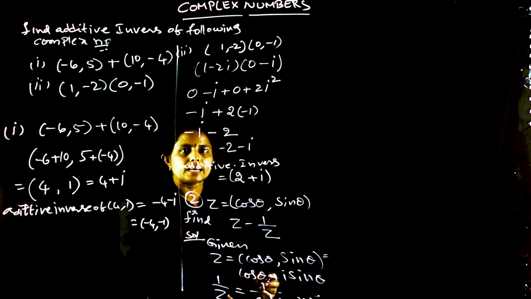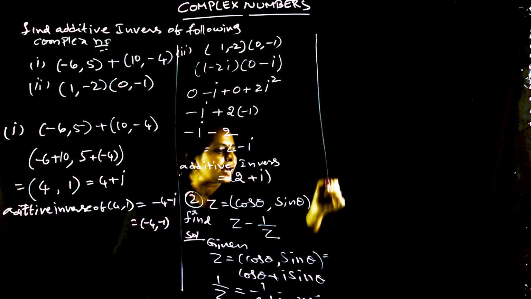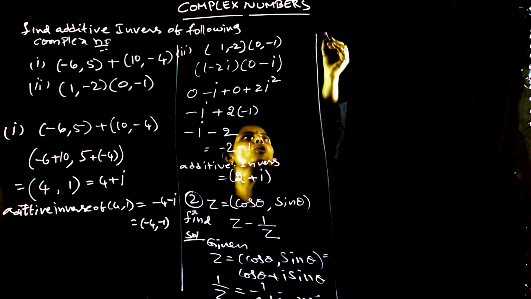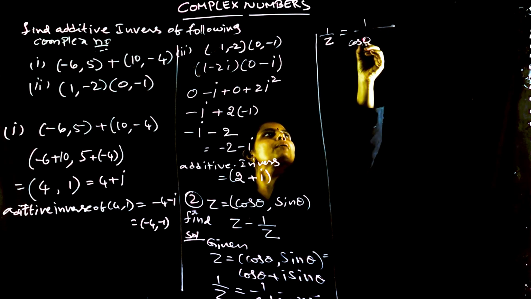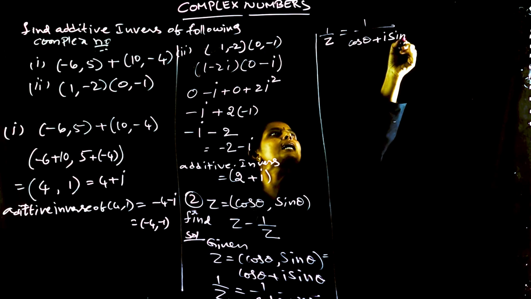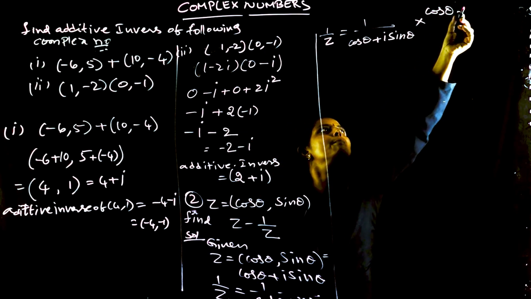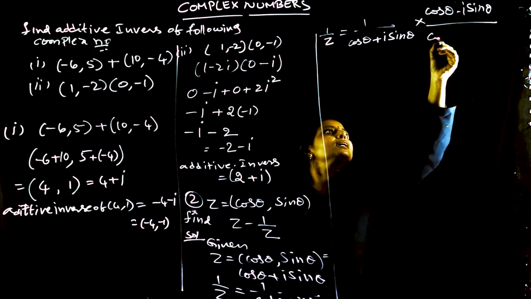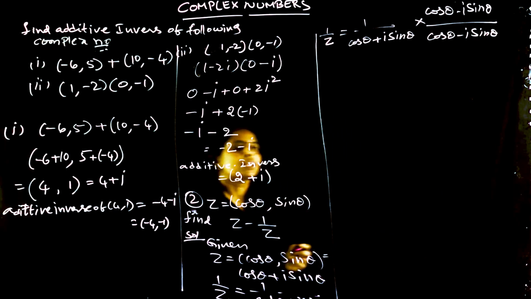In order to eliminate complex number from denominator, let us multiply and divide the fraction with conjugate of denominator. That is 1 by z is equal to 1 by cos theta plus i sin theta into cos theta minus i sin theta divided by cos theta minus i sin theta.